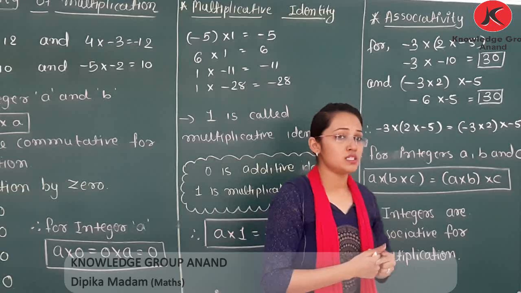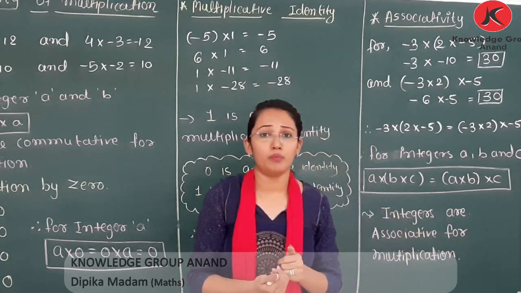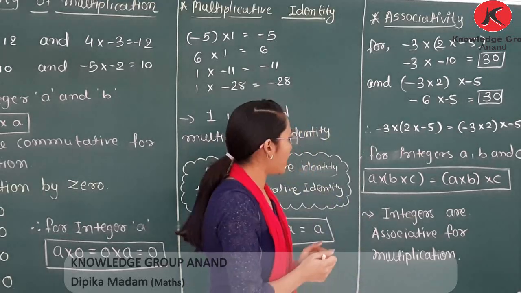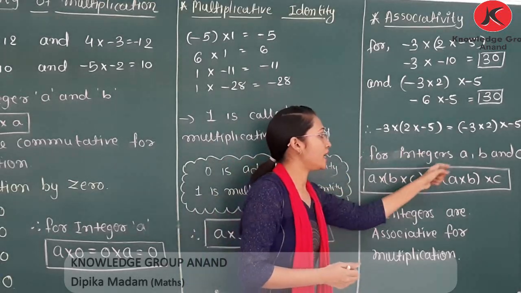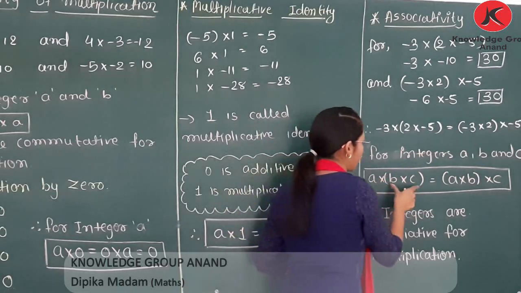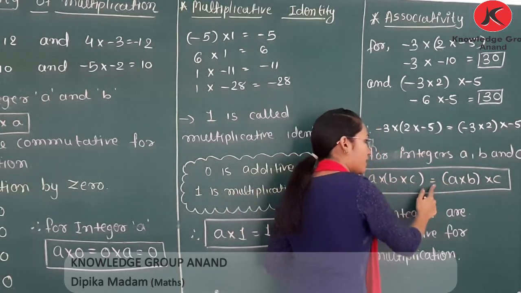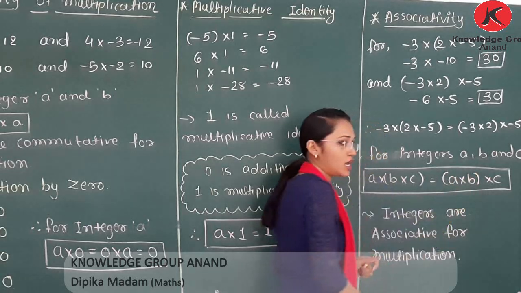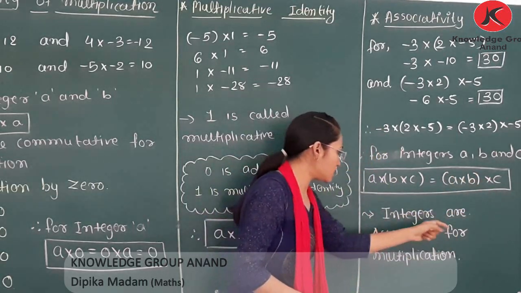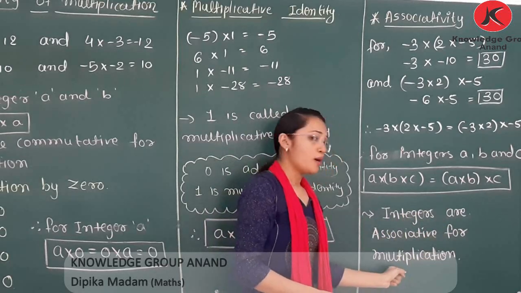This property says if you change the group in a multiplication, answer will remain same. So we can write for integers a, b and c, a multiply into bracket b multiply c is equal to a multiply b, that is in a group, multiply c. So integers are associative for multiplication.